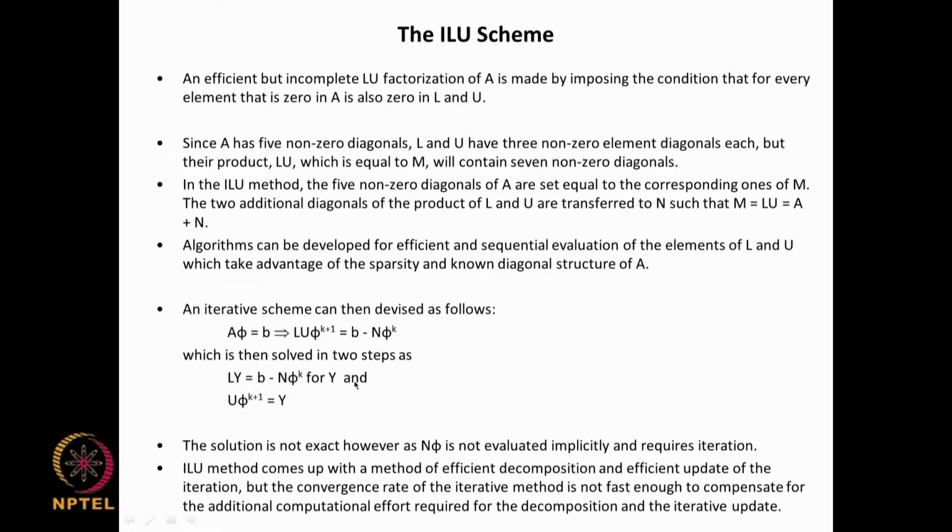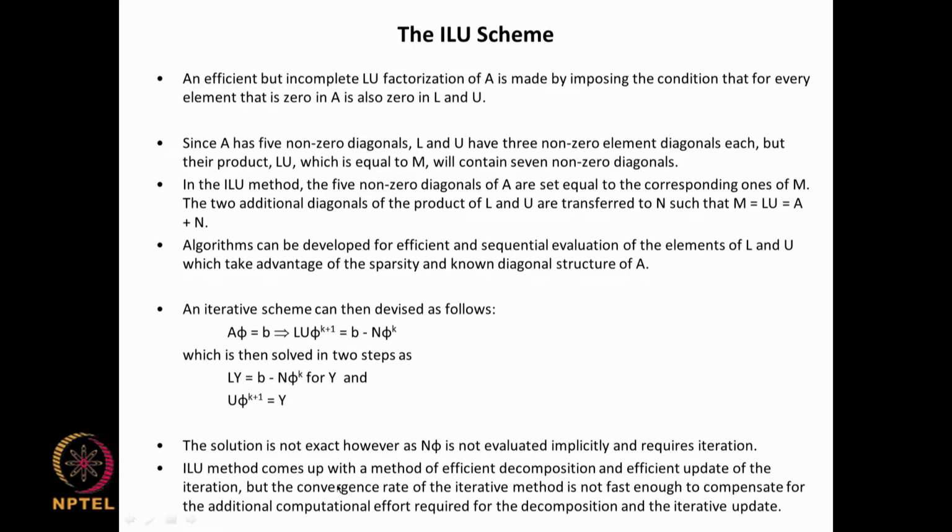and you have to do this repeatedly because this is an incomplete LU decomposition. So the solution is not exact because N phi is treated at k. So, you have to go through iterations and then you will ultimately get a converged solution. So, unlike the LU method which is exact and converges in one iteration, the ILU method, which is an incomplete LU decomposition and therefore has a remnant of N phi which is evaluated explicitly, will become an iterative method.